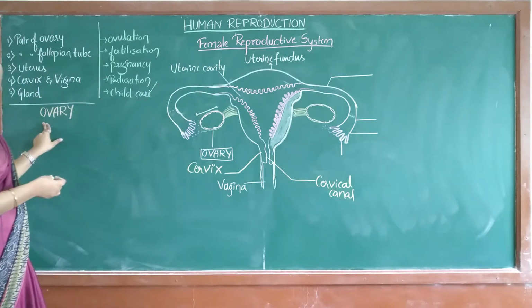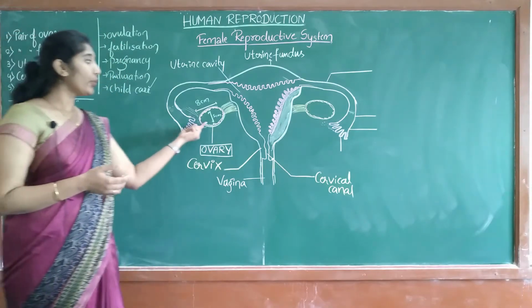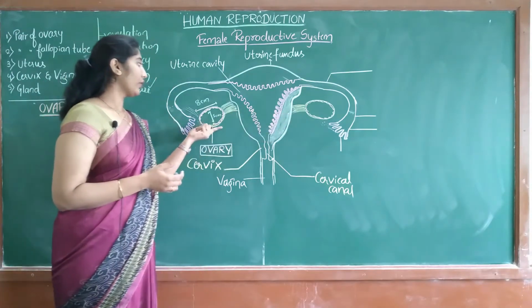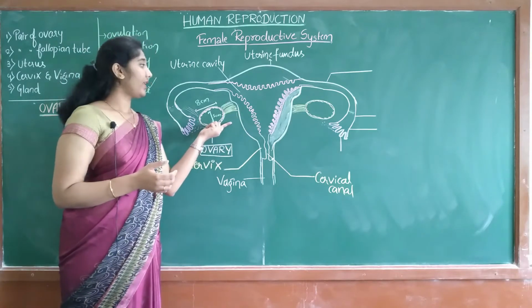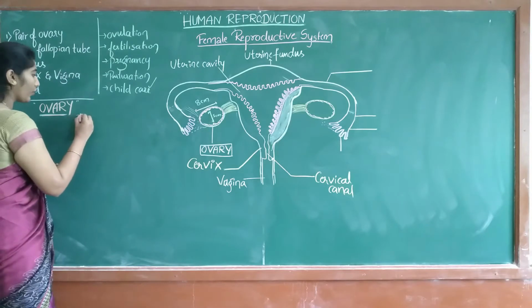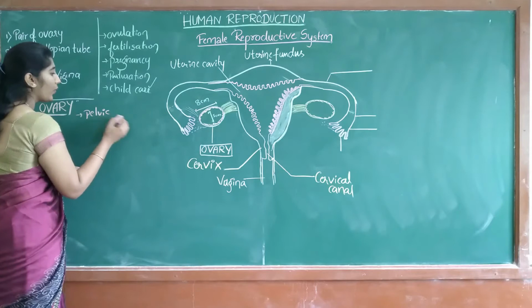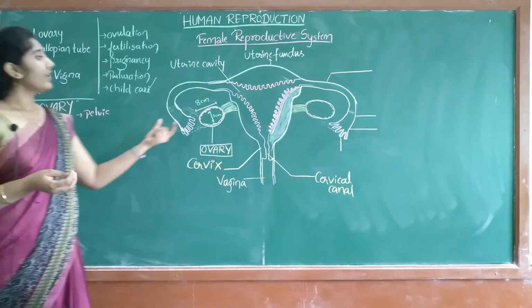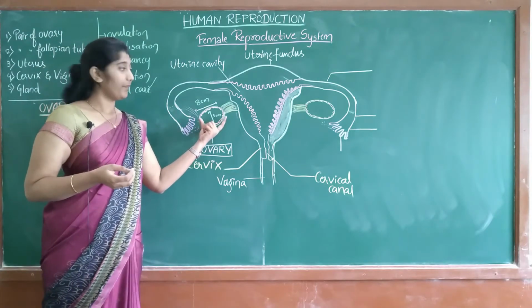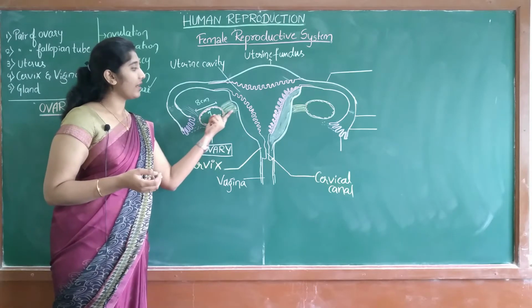The first is the ovary. Ovaries are 2 in number, located on either side, left ovary and right ovary, in the pelvic region or lower abdominal region. They are suspended in the cavity with the help of ligaments. These are called ligaments.